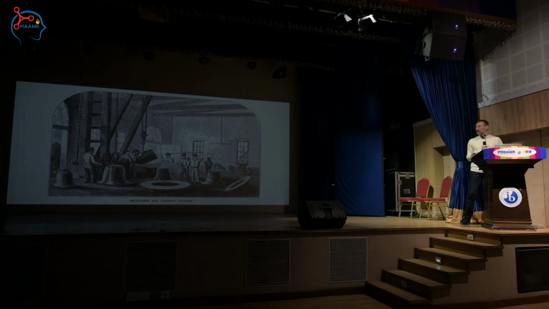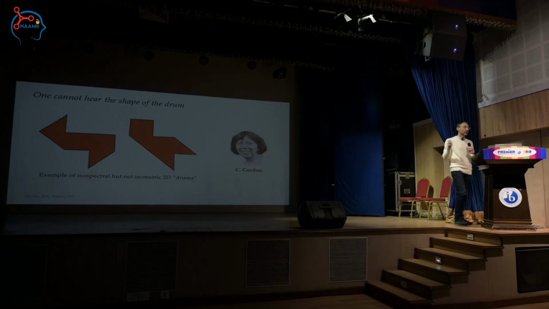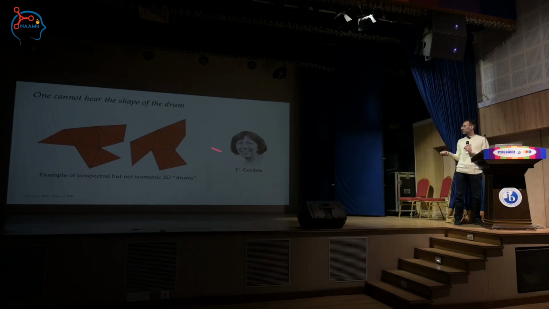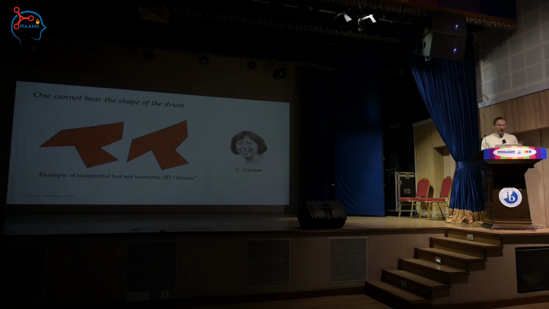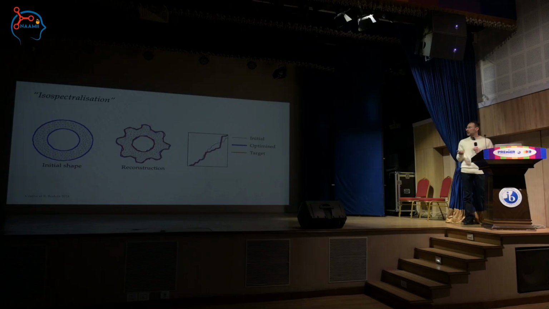And the answer to this question is unfortunately no, so you cannot hear the shape of the drum, and this was shown by a counterexample in the 90s by Carolyn Gordon. She showed examples of isospectral but not isometric manifolds, and actually there are continuous deformations of such manifolds. So this is in theory, but in practice, with some regularization, you can actually hear the shape of the drum, right?